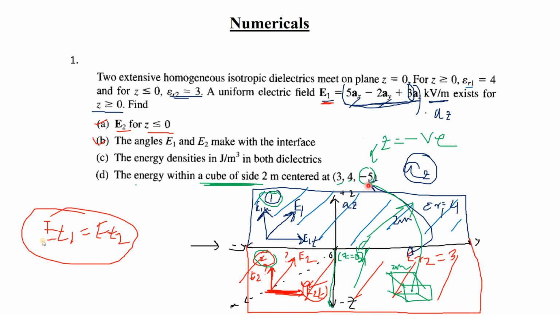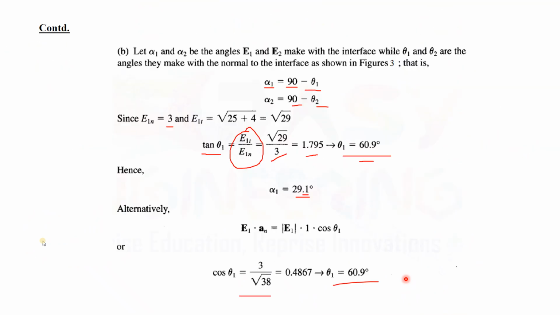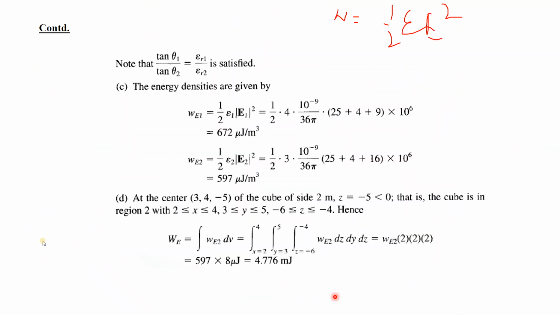So the energy we have to find is W2, since it is lying in the second medium. Note that W is per unit volume, that is the energy density, so you need the volume integral.